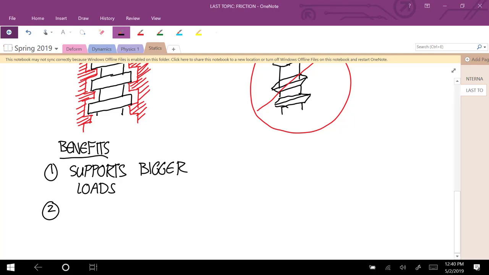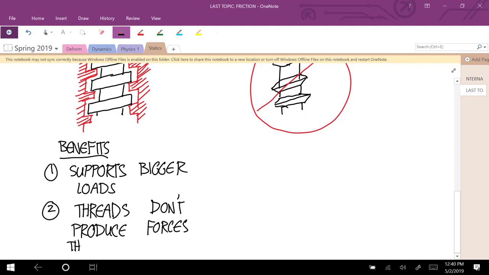Actually, let me say it better. The threads don't produce forces that explode the surrounding threads.